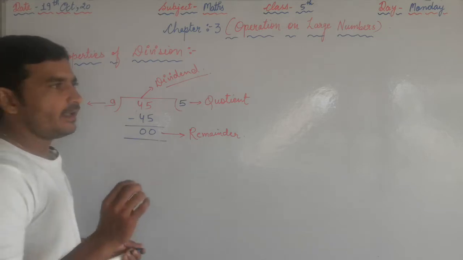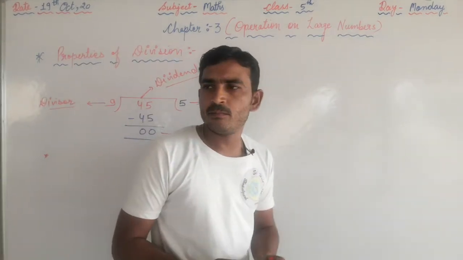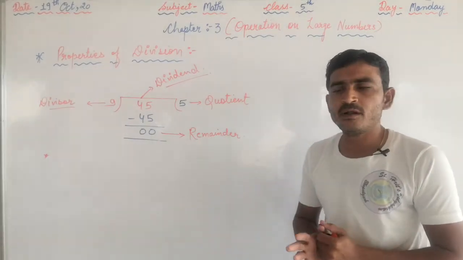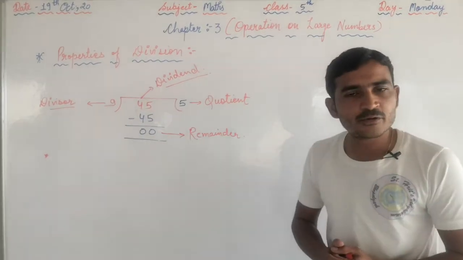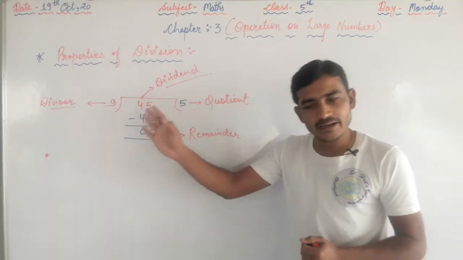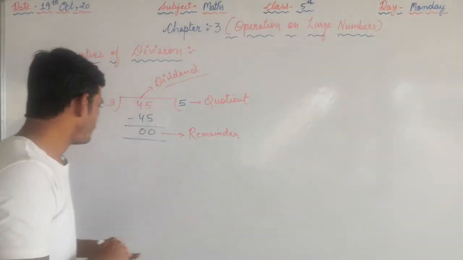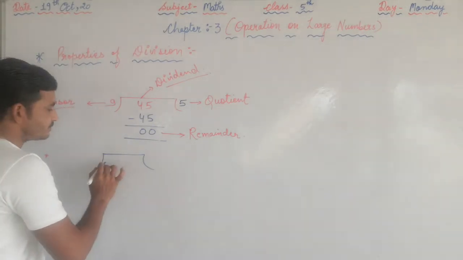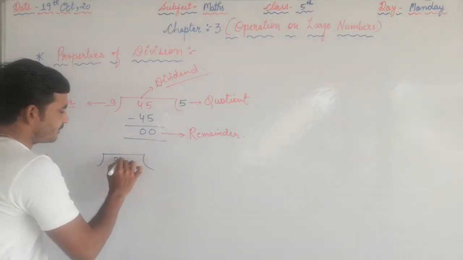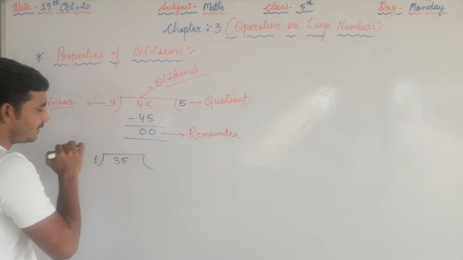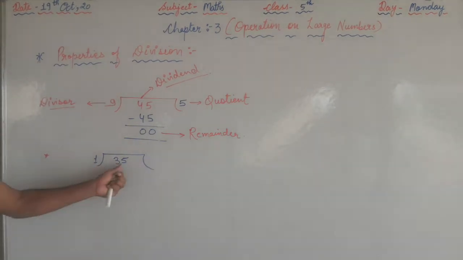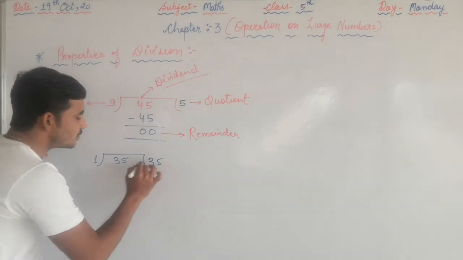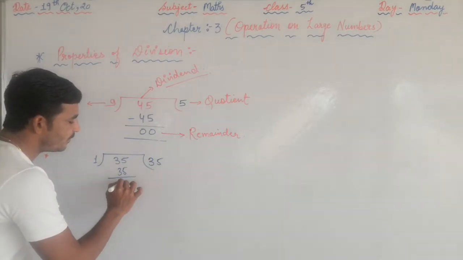If we divide any number by 1, the quotient is the number itself. Suppose 35 divided by 1. What's the quotient? The quotient is also 35.